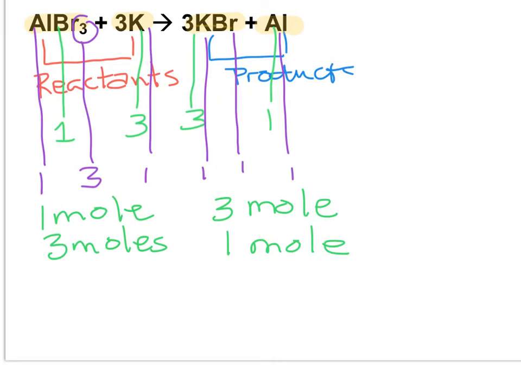This 1 mole of AlBr3 consists of 2 elements. We have 1 atom of aluminum, and we have 3 atoms of Br. And this 3 moles of KBr consists of 1 atom of K and 1 atom of Br.